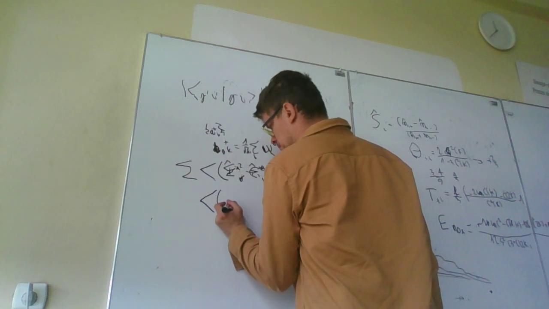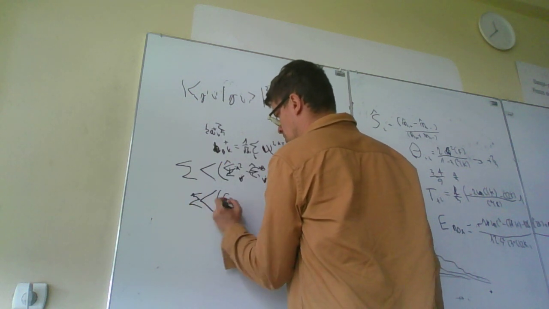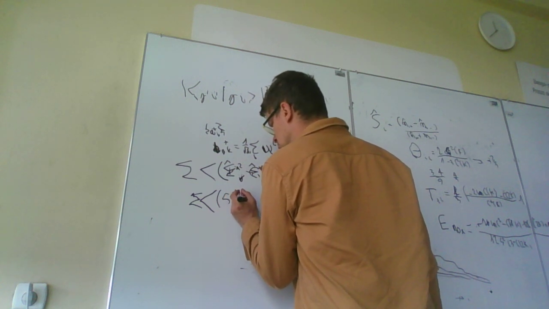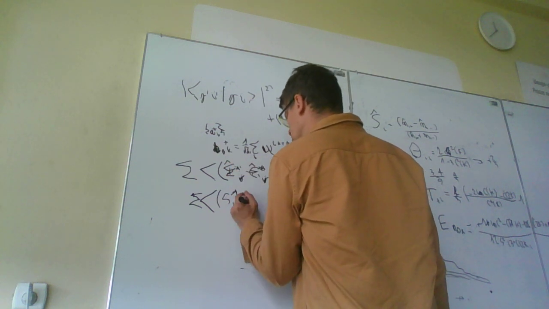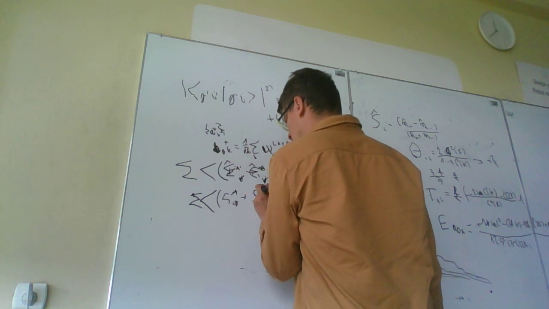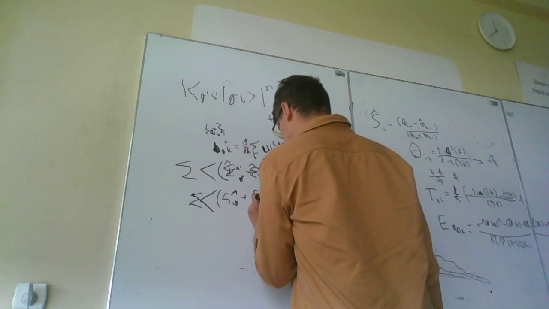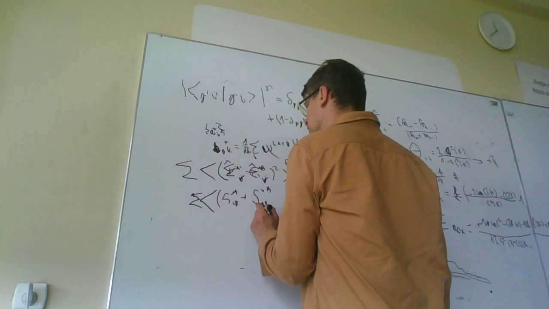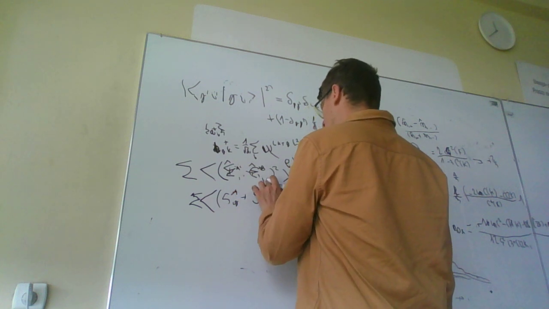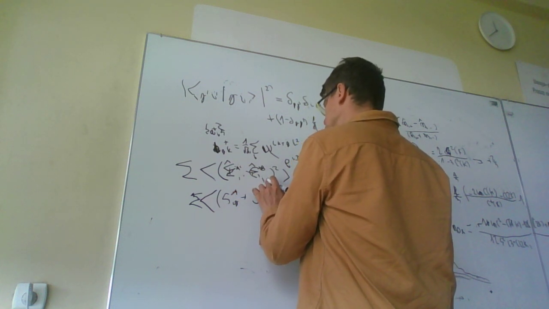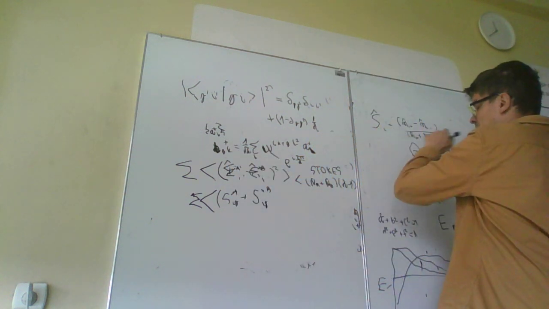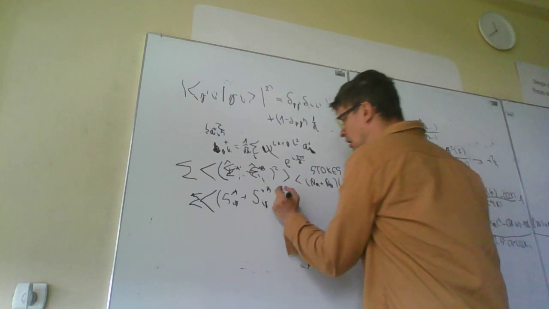It's the sum of S_ij alpha, A minus plus S star B, with only one index i because I need to sum them over all the bases.